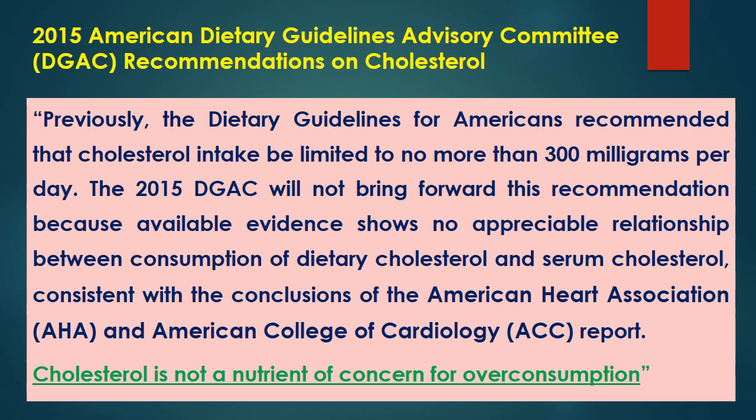Conventionally, it is known that cholesterol is connected to saturated fatty acid. So if we eat more red meat, it has more saturated fatty acid, and that can cause more cholesterol, leading to cardiovascular diseases.